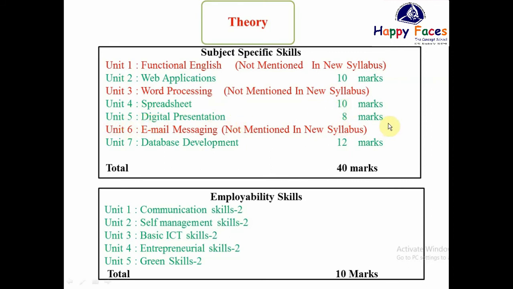These are mentioned in our new syllabus: unit 2, unit 4, unit 5 and unit 7. The total marks of subject specific skills are 40, and the employability skill units together contain 10 marks. Unit wise distribution of marks for employability skills is not available on CBSE's official website.